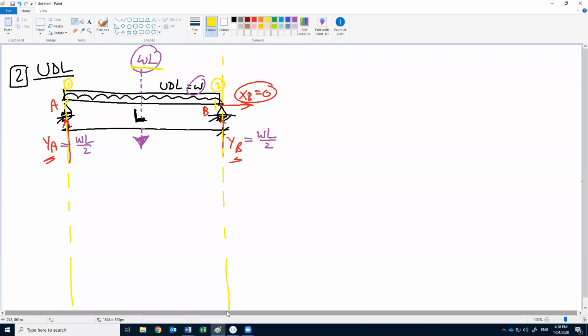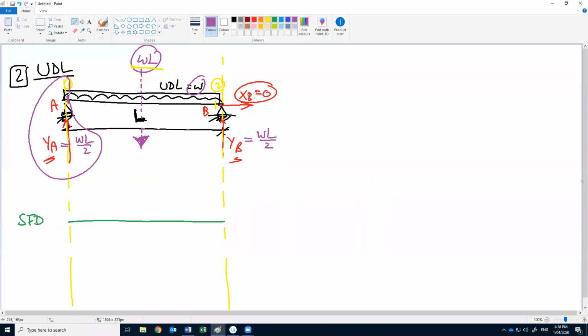Okay. So now we can put our datum. This will be our datum to draw the shear force diagram. If we start with cut 1, what is causing shear at 1?